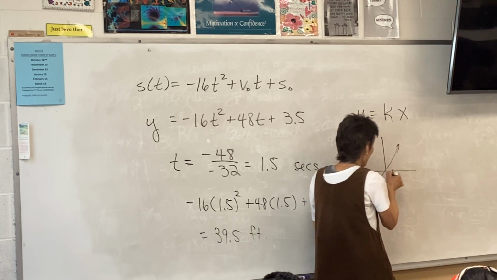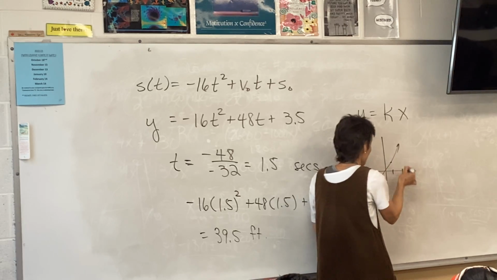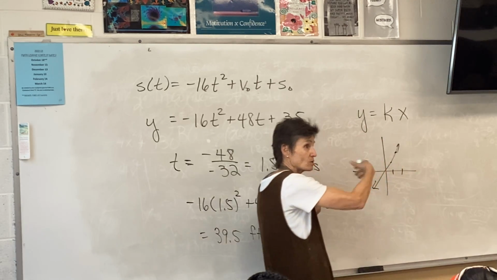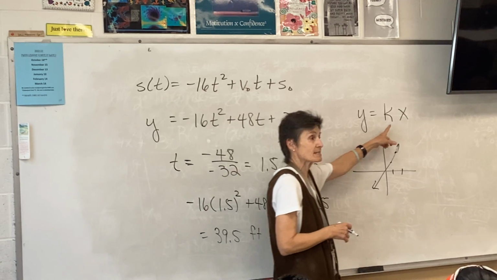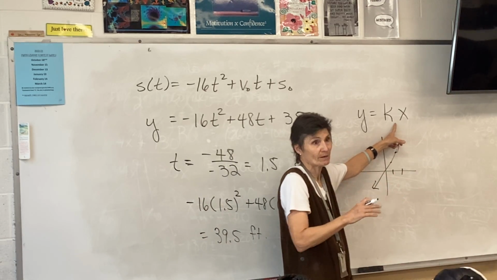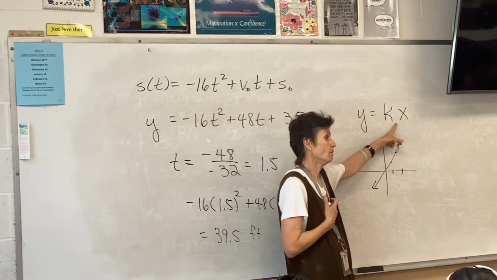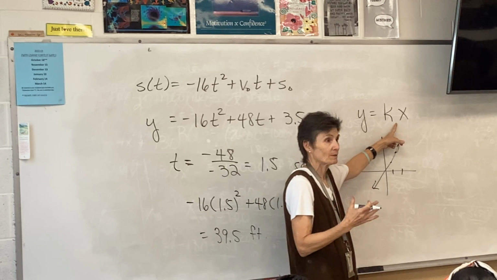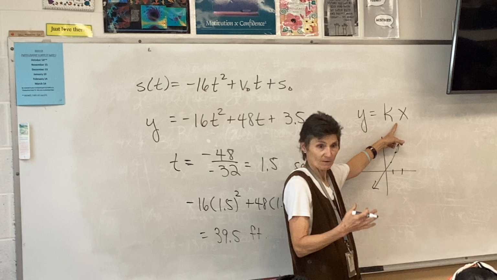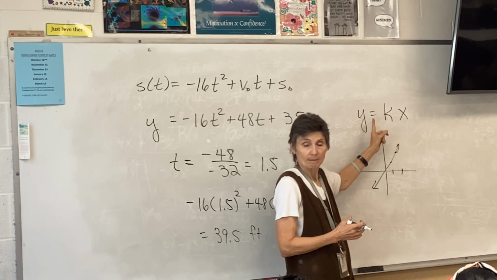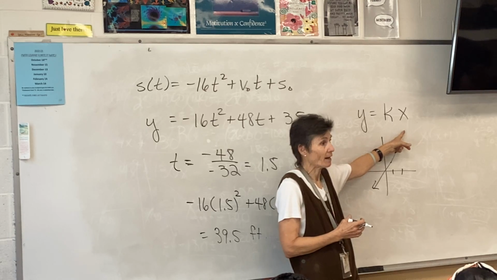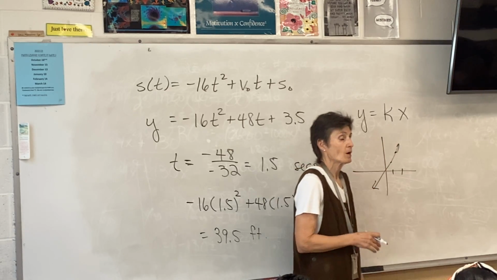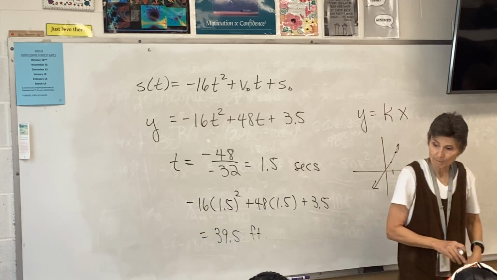So if I buy 1 pound of bananas, it costs me this much. 2 pounds cost me this much, and so on and so on. That is a direct variation. K is simply the constant of variation. In my example, it would be the cost per pound of bananas. If bananas are 50 cents a pound, then what I pay is 50 cents times the number of pounds I buy. Direct variation.